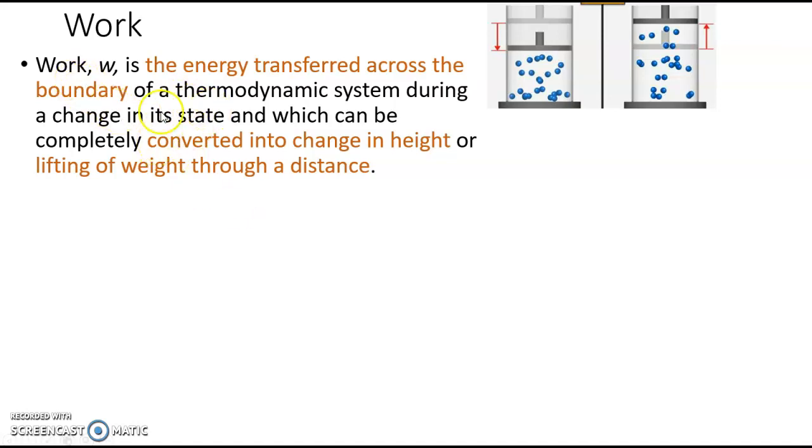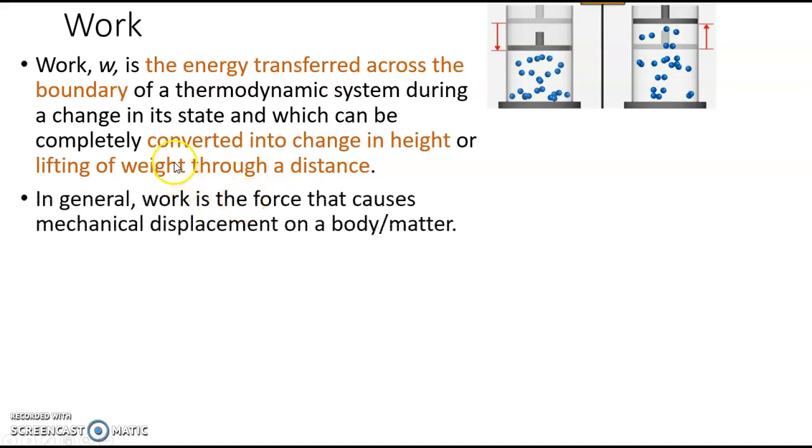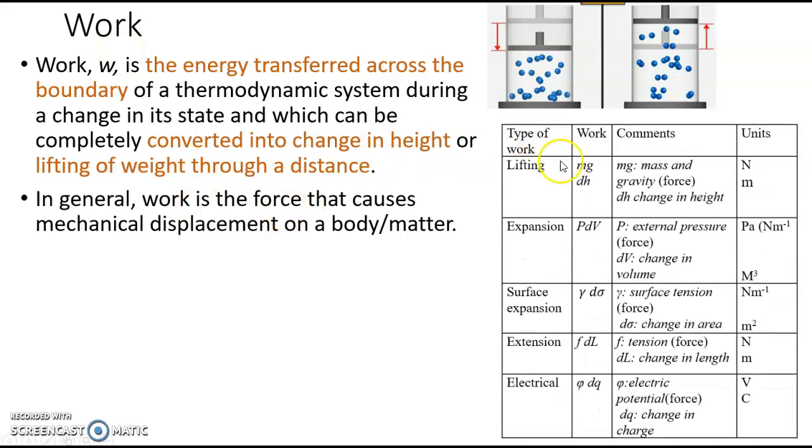During a change in its state, work can be completely converted to a change in height or lifting of a weight through a distance. So in general, work is a force that causes a mechanical displacement on the body. It is given the symbol W. We have different types of work: the lifting work, expansion work. Lifting work, that's mass times gravity, a force causing the mass to move a certain distance, dh.